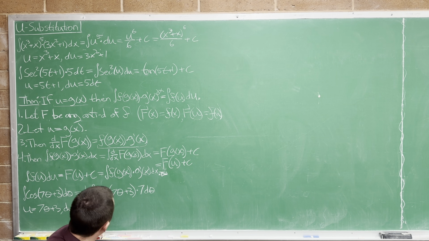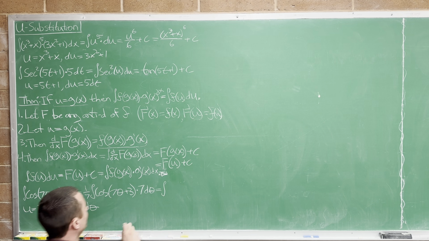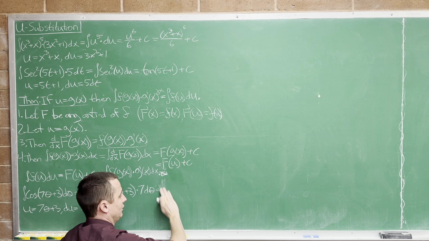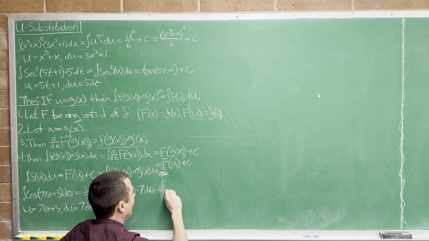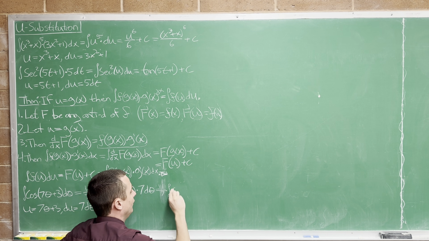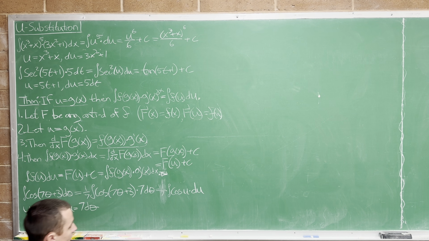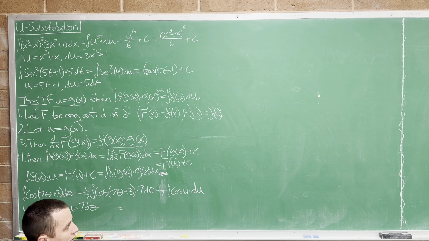Okay. So now, this is equal to the integral of just the cosine of u du. Oh, don't forget our 1/7. 1/7 out front, and then times the integral of the cosine of u times du. And now what is that equal to? Negative sine. Just negative sine of u.